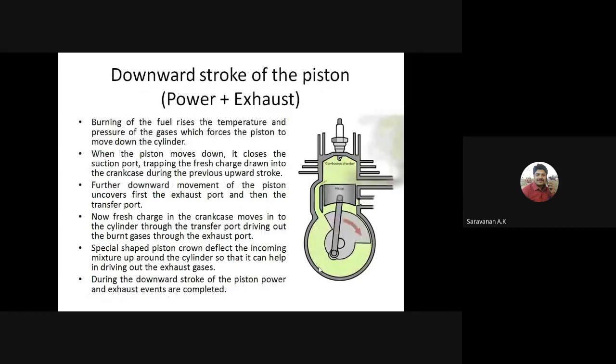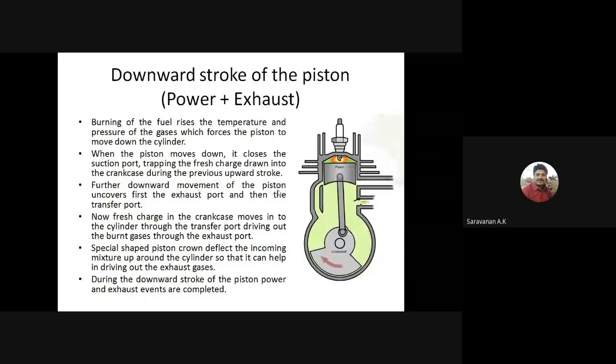In the splash system or wet sump or any other lubrication system, the lubricating oil is splashed by the crank. When the crank rotates, the oil is splashed onto the piston or the upper portion of the cylinder.